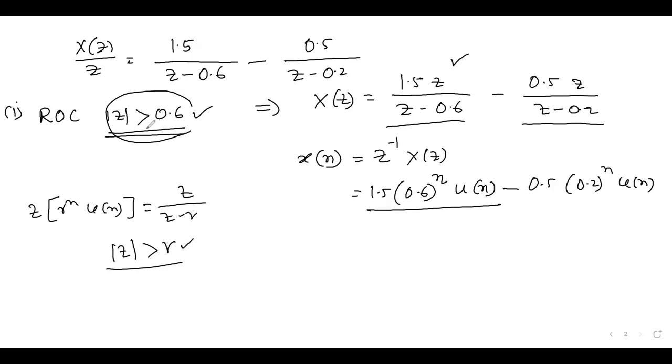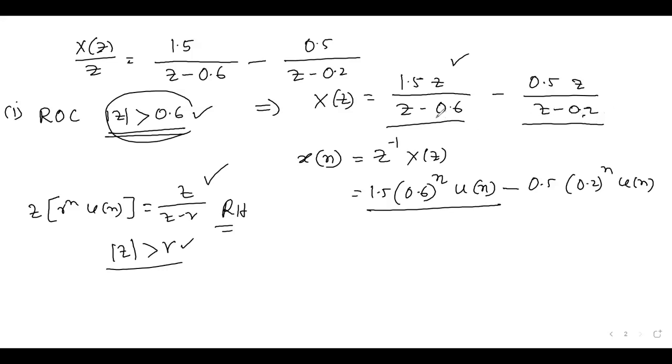Now look here. If mod z is greater than 0.6, we have two radii, 0.2 and 0.6, and we're given mod z greater than 0.6. That means both should be right hand side signals, because mod z should be greater than 0.6 and greater than 0.2.